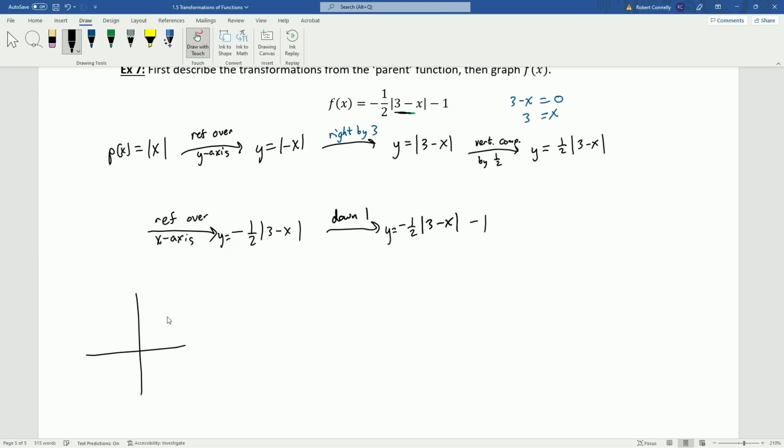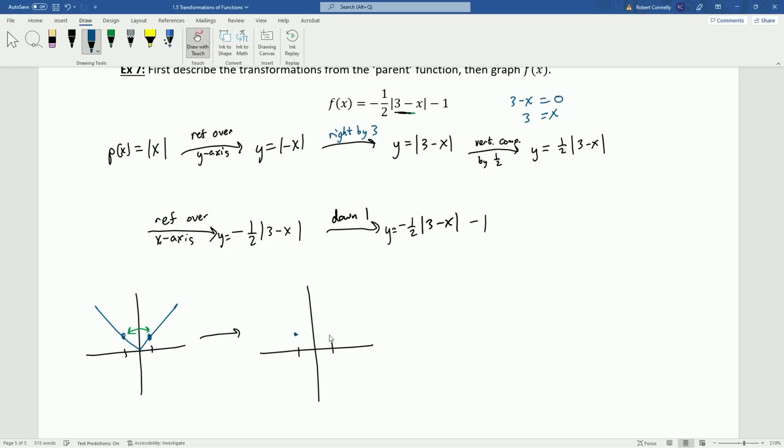Okay, so let's just go through and graph each of these things one at a time. So we've seen earlier that the absolute value looks like this. So one step at a time. Now we reflect over the y-axis. So we're going to take all of our points and flip them around. And that's an interesting thing here, because if I do that, what happens?